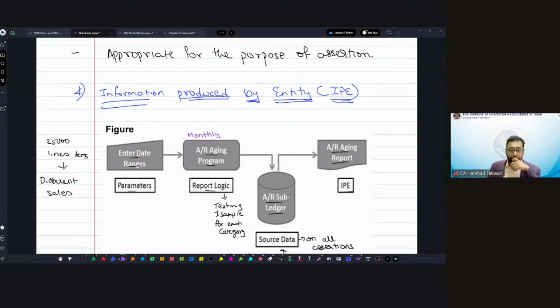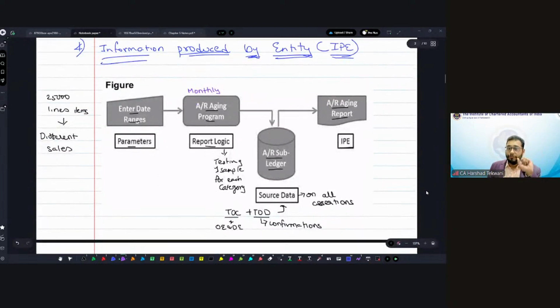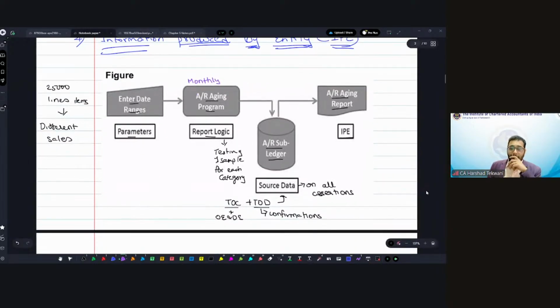No, sir. Answer is no. And let's say you said 4 categories. What if there are more than 4 categories? Let's say 8 categories, 8 samples each month into 12 months. Not the smart audit. Yes, you are doing the audit, but not the smart way.